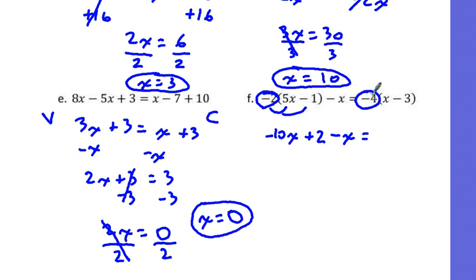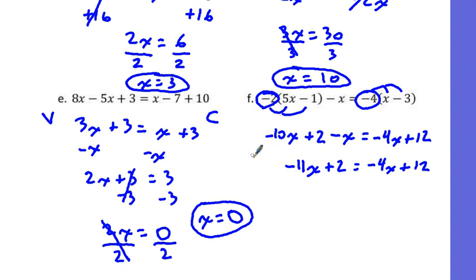On the right side, we have to distribute 4 to both terms inside the parentheses. -4x plus 12. On the left, we can simplify further by combining like terms. -10x minus x is -11x plus 2, and that equals -4x plus 12.